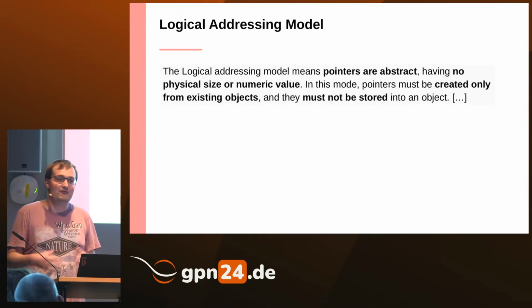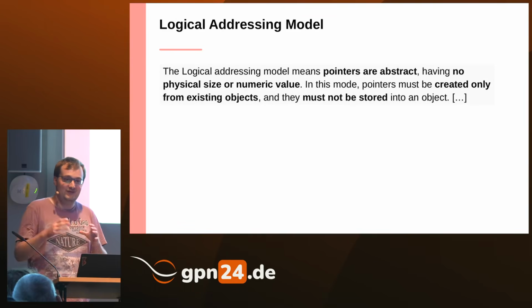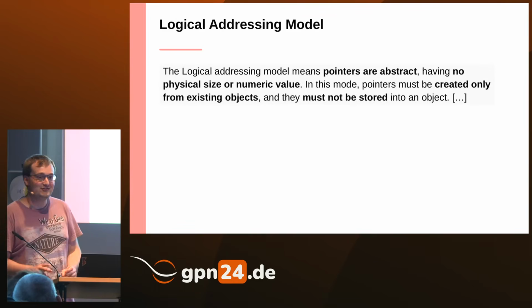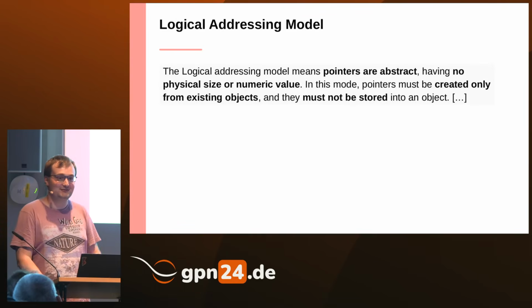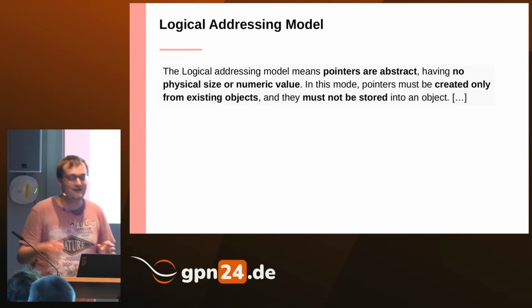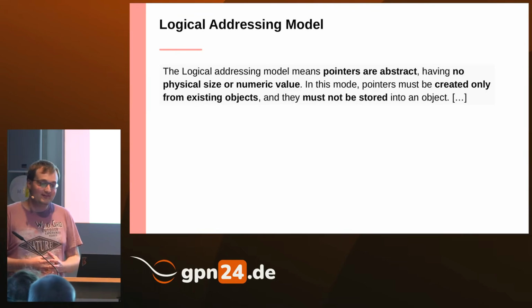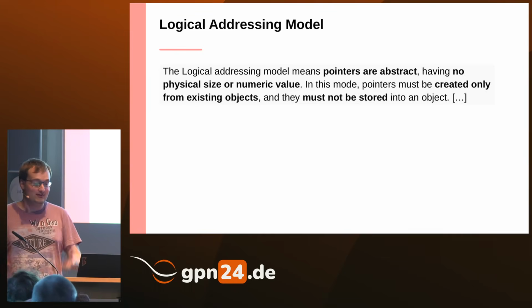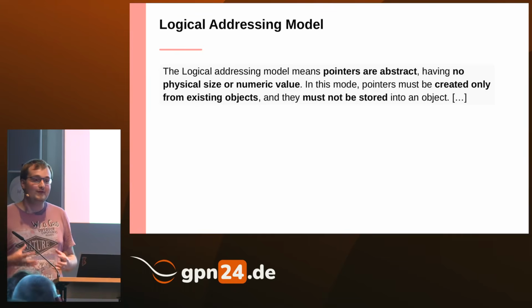So what do I mean by logical pointers? Well, if you read the SPIR-V spec, it literally just says two sentences on what the logical addressing model is, which basically means that pointers are an abstract thing, and they don't have a physical size or a numeric value.